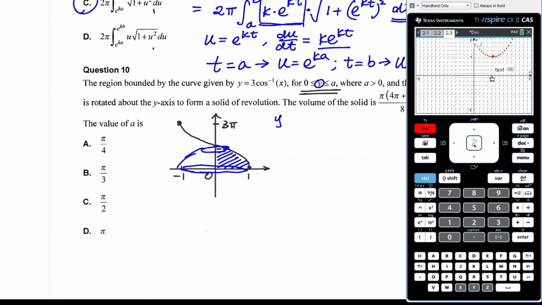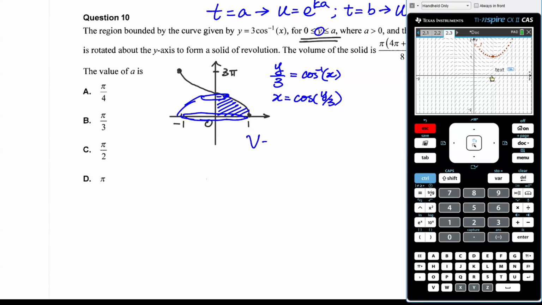So now we can see y over 3 equals cos inverse of x. So x equals cos of y over 3. Why do I need that? Because I'm going to use the formula V equals pi integral from 0 to a of x squared dy. Next thing is I'll leave that with my CAS calculator to solve for the unknown a. Notice that a is between 0 and 3 pi, okay?